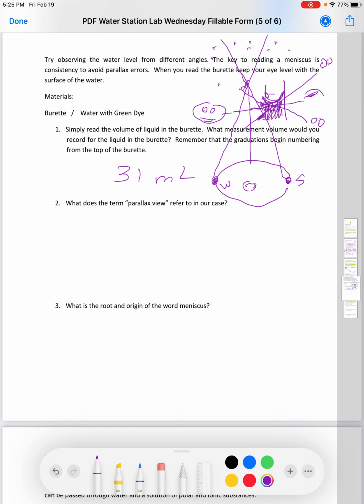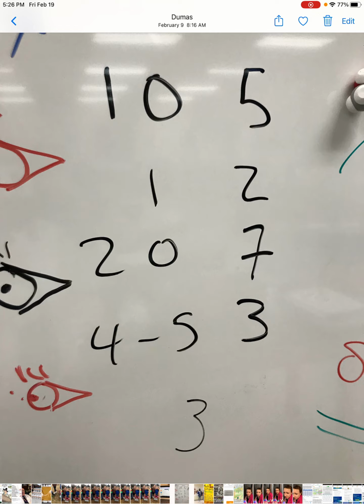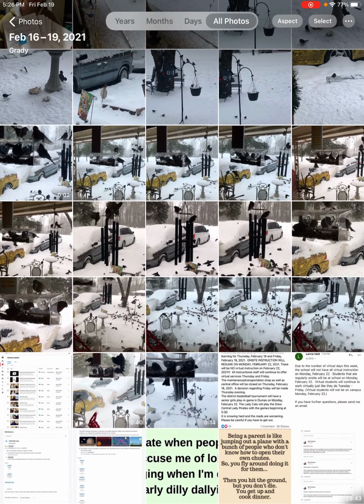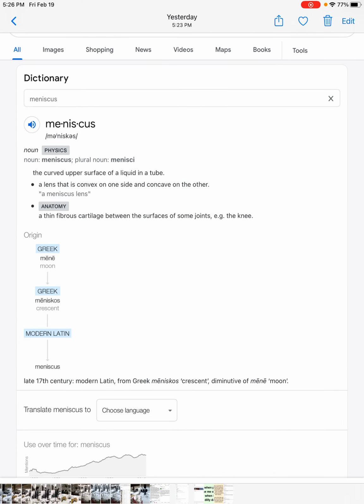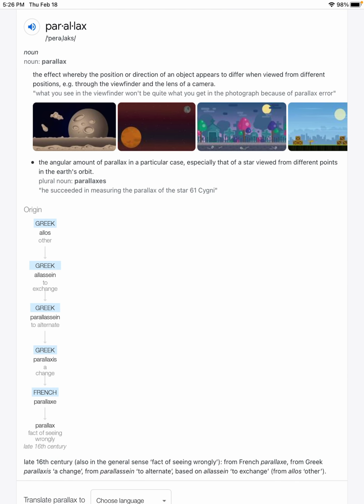So parallax view in our case, let me just show you what I've done, is if I go back to my photos here and go to my view, that's meniscus, that's not what I want. There we go, parallax. Its formal definition is the effect whereby the position of a directional object appears to differ when viewed from different positions.